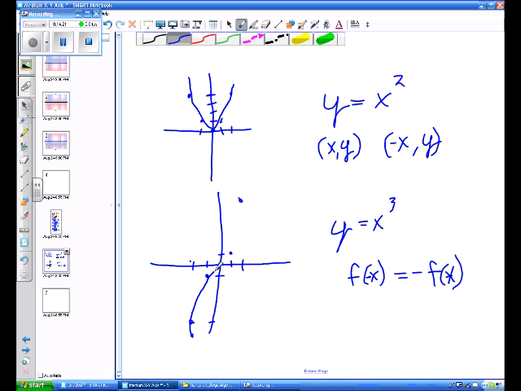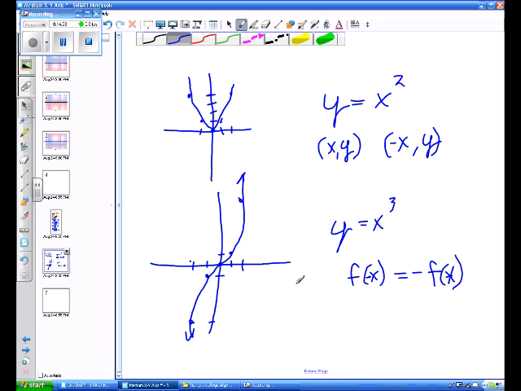And our graph is going to look something like this. So that's being symmetrical about the origin. For every x, y, you're going to have the opposite of x, the opposite of y. And so you can find your point. So again, if we know that it's symmetrical about the origin, then we only have to find points in one quadrant, and we can then know those points in the opposite quadrant.